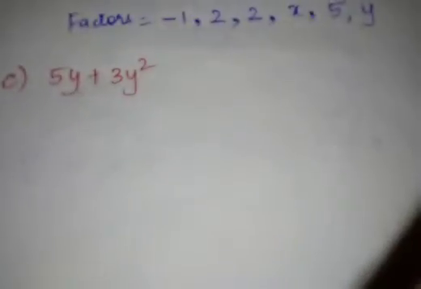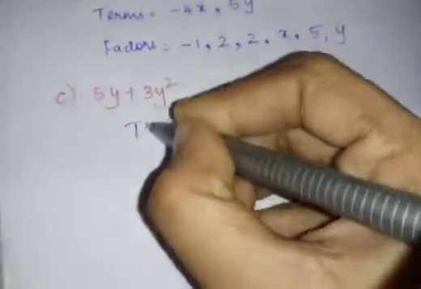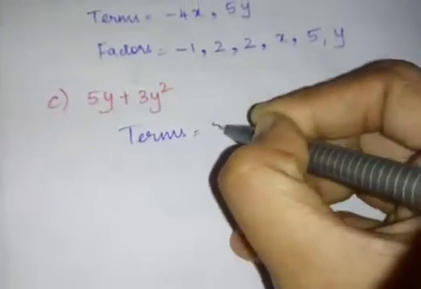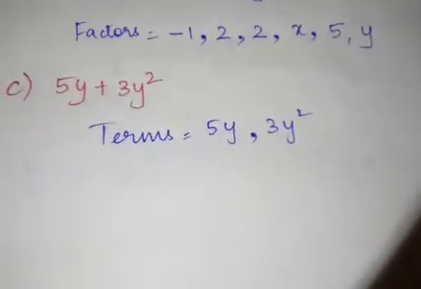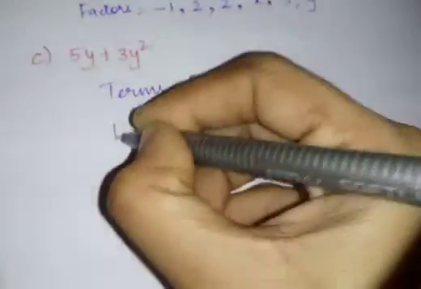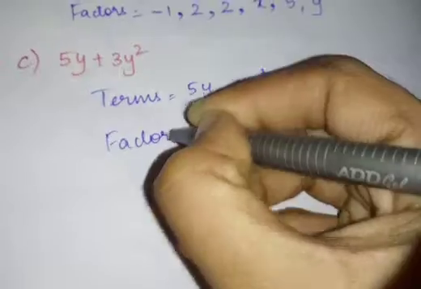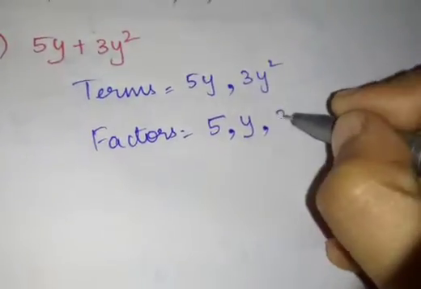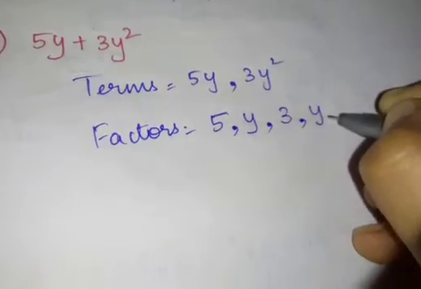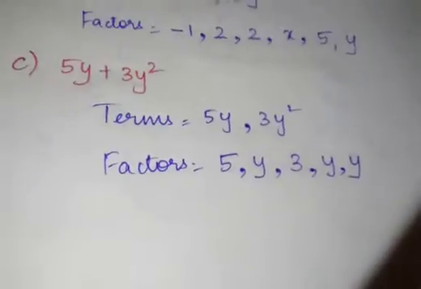Okay. Next is your C problem. What are the terms in this expression? 5y plus 3y square. 2 terms are there, right? So terms are 5y comma 3y square. So what are the factors here? 5 comma y comma 3 comma y comma y.